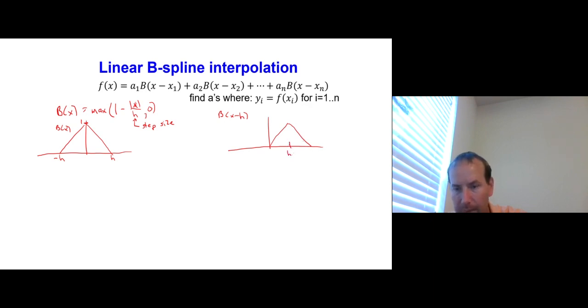So it's centered on h and goes out to 2h. And we're going to be finding a combination of these basis functions that goes exactly through the data. And so we're going to be finding a piecewise linear function.